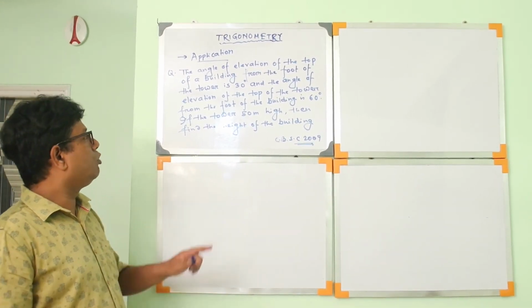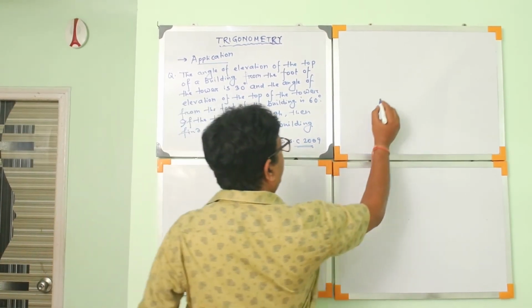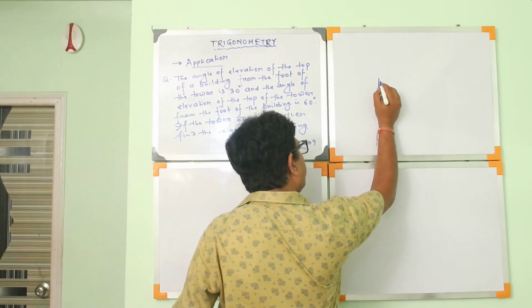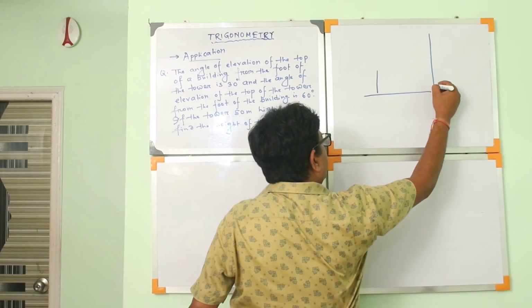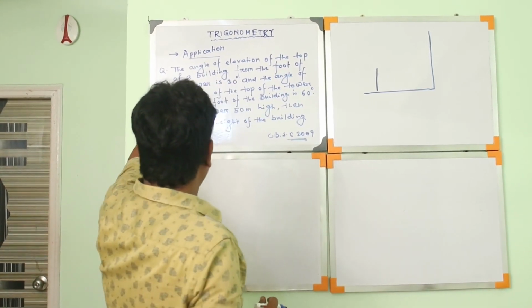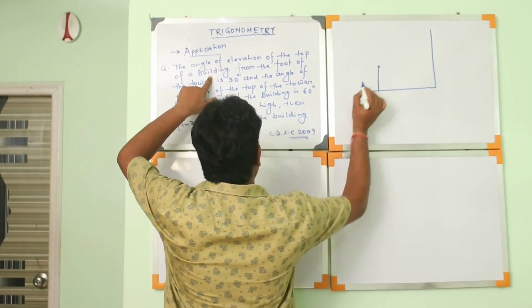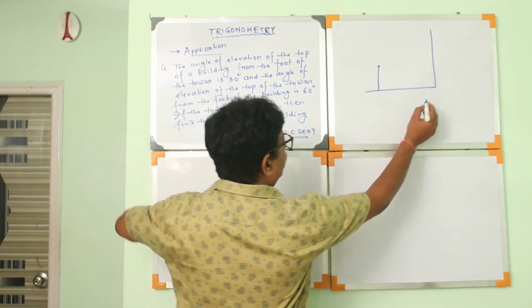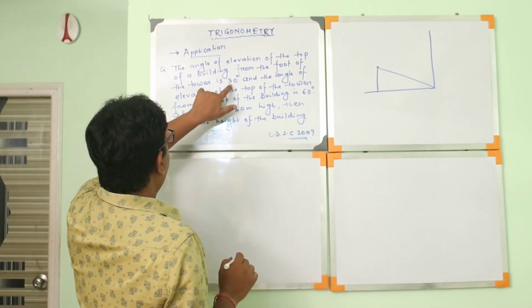Now I try to solve this one. The angle of elevation of the top of a building. One building is here, this is the building and this is the tower. The angle of elevation of the top of the building from the foot of the tower, foot of the tower means this one, is 30 degrees.